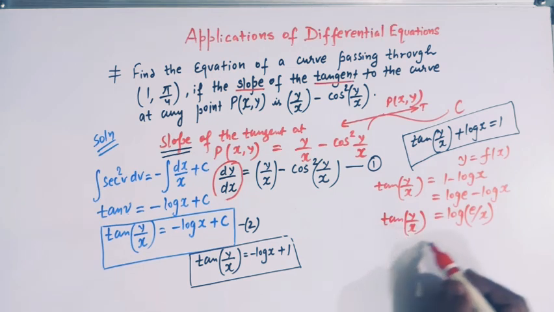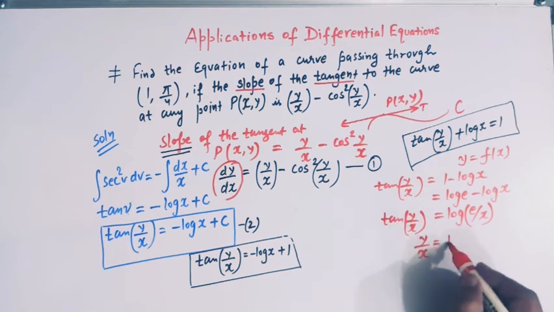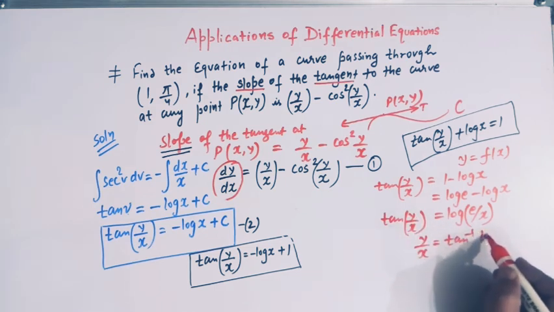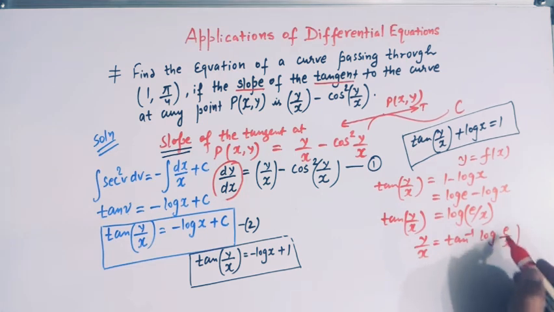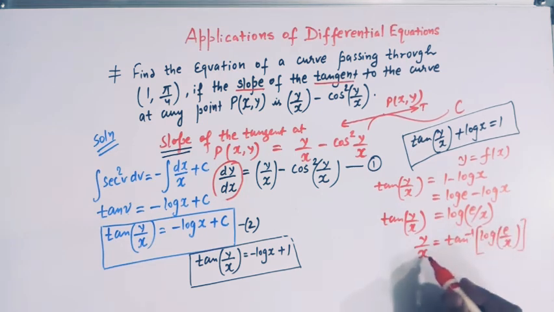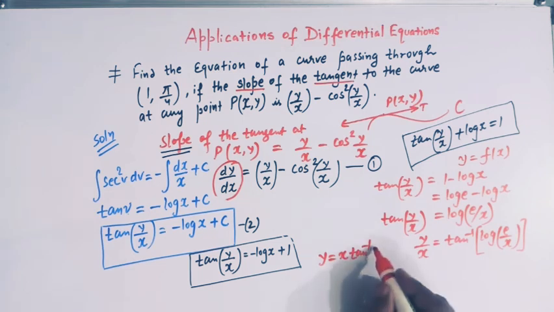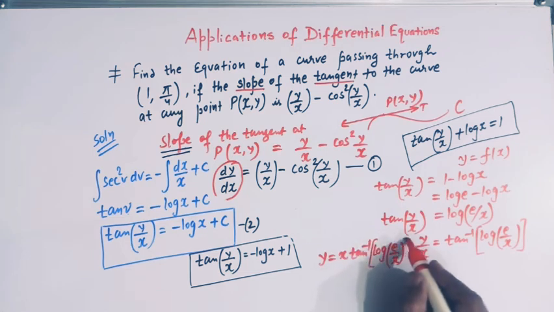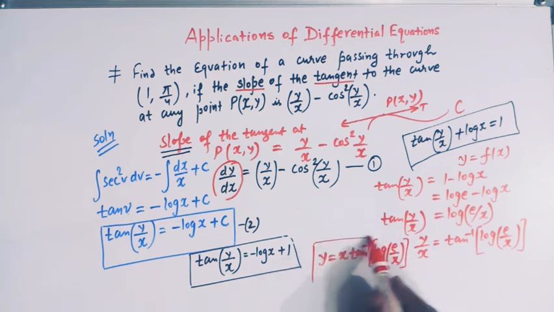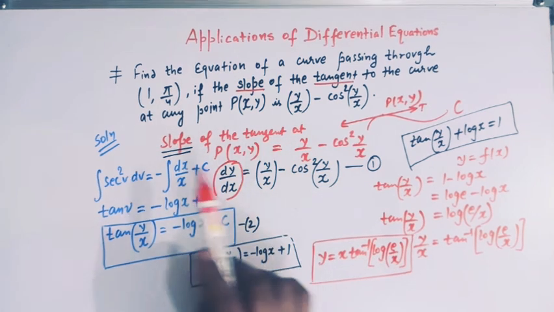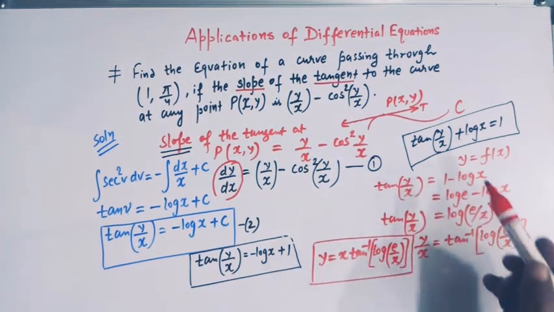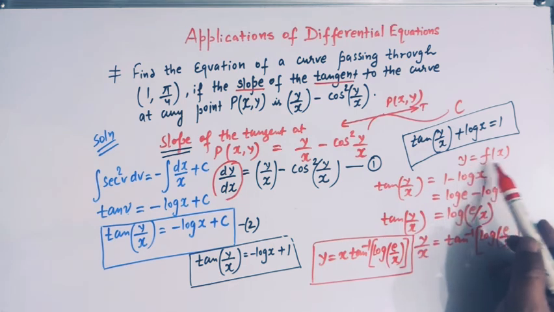And taking this tan to this side in the form of inverse function, so y over x is tan inverse log of e over x, and taking x to this side, we have y is equal to x times tan inverse log e over x, right? So this is the equation of this curve in the form of y is equal to f of x.